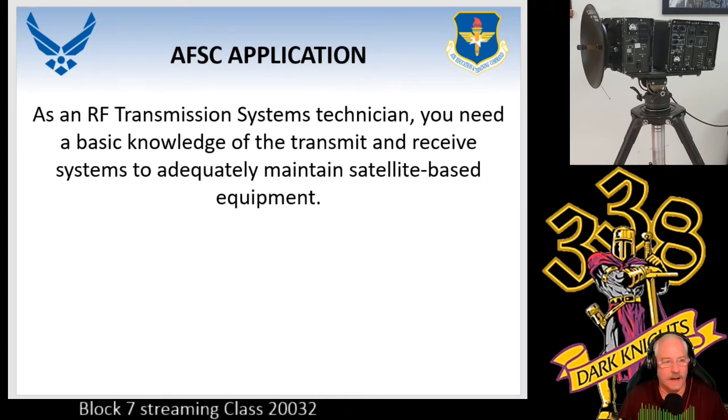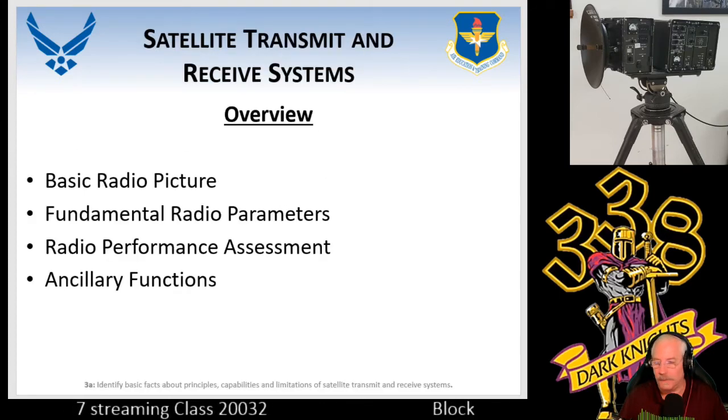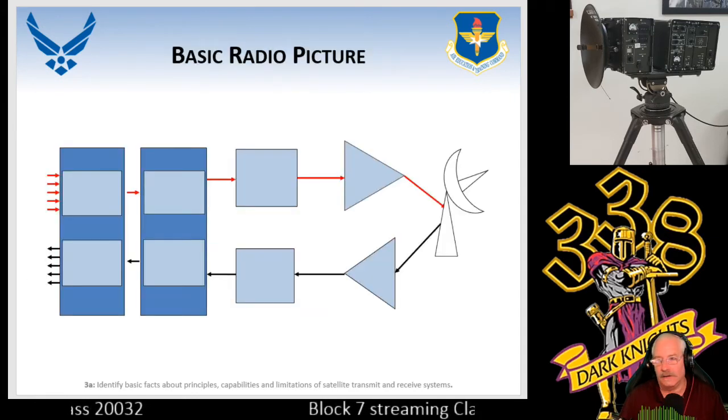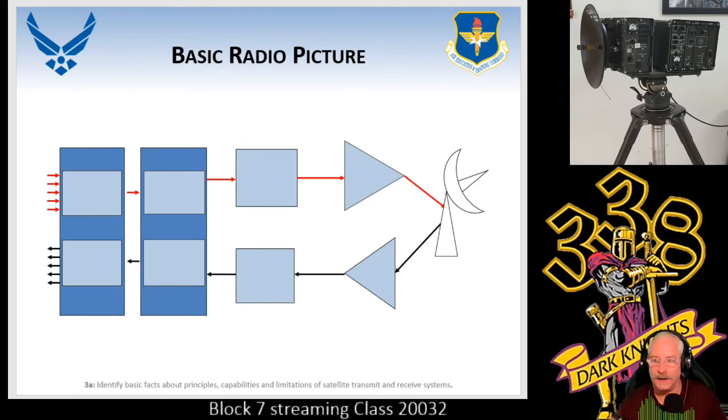We're going to be looking at satellite-based equipment. So we're going to look at the basic radio picture as well as fundamental radio parameters, radio performance assessment, and ancillary function. This is a blank worksheet for your basic radio to give you an idea how to use transmit and receive for the basic system.